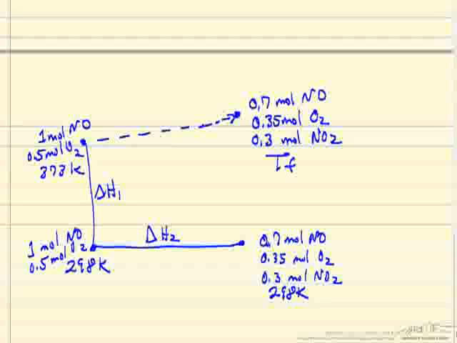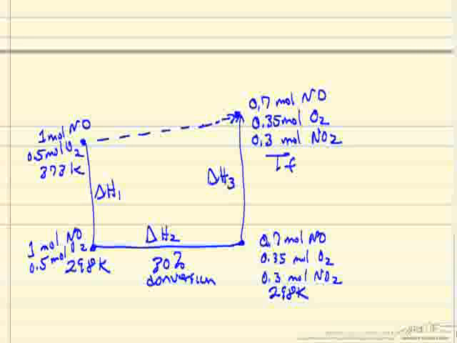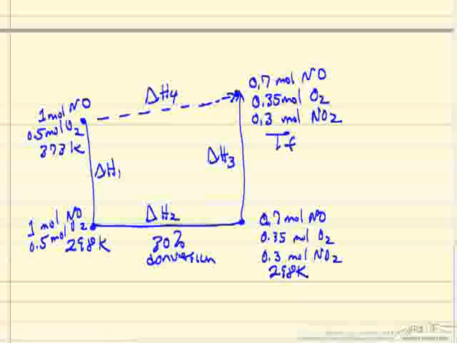We've listed the products of the reaction for 30% conversion. Then we're going to take these products and heat them up to the final temperature. We'll call that delta H3. And our actual process we'll call delta H4.